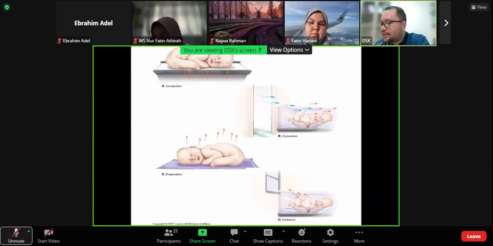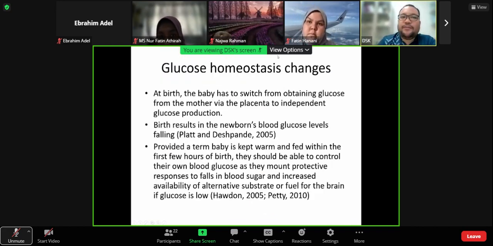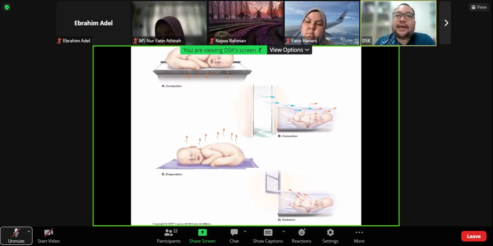But if you look at BSA per weight ratio, BSA per kilo ratio, the smaller the child, the higher the BSA per weight ratio as compared to adults. If you look at BSA per kilo, a baby who is 3 kilo has higher BSA per kilo ratio as compared to adults.